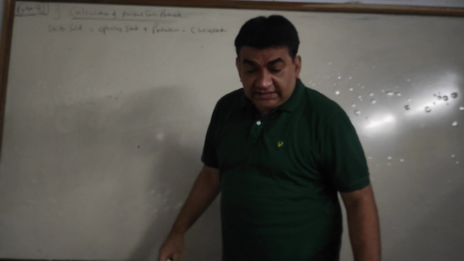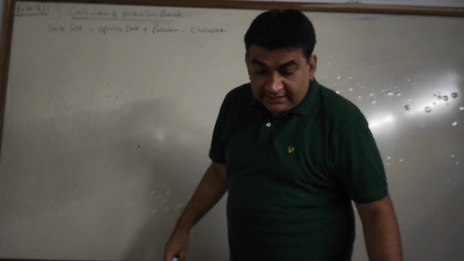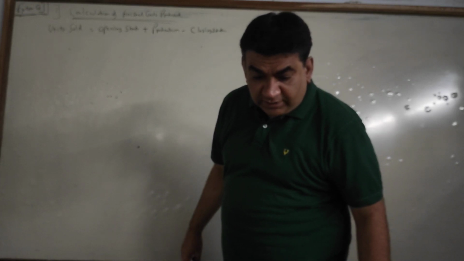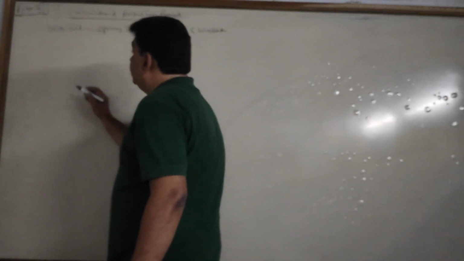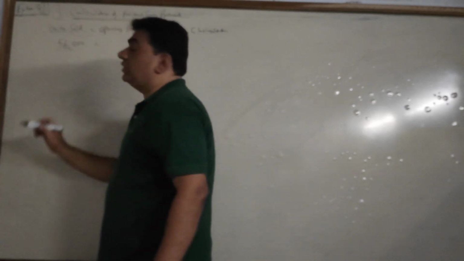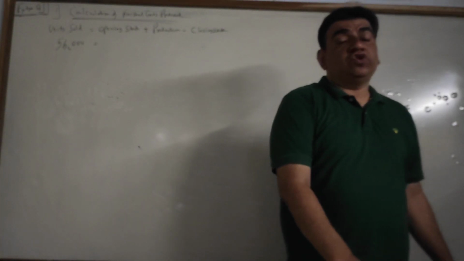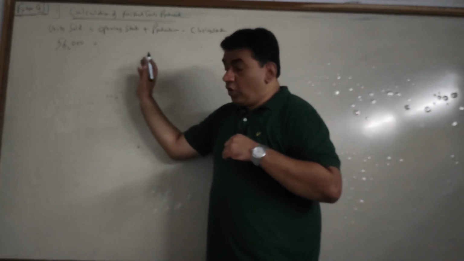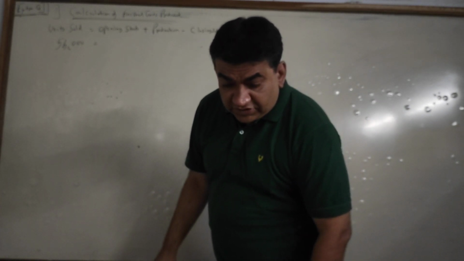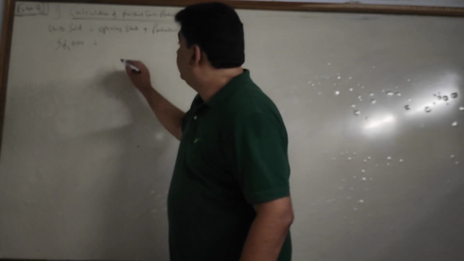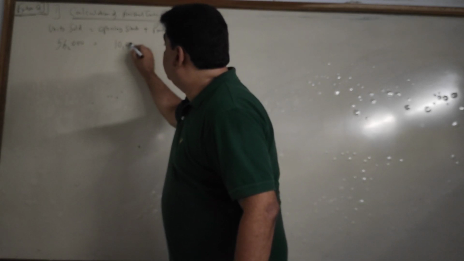Now see, in the paragraph, the expected sales quantity is 54,000, correct? So units sold is 54,000. The entire formula is for finished goods. Opening stock of finished goods is 10,000.